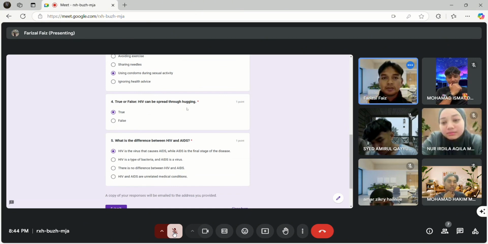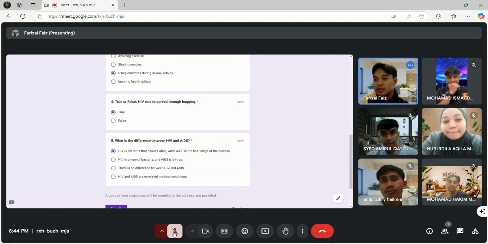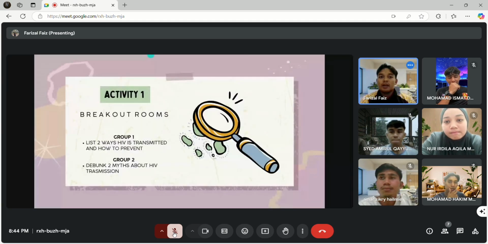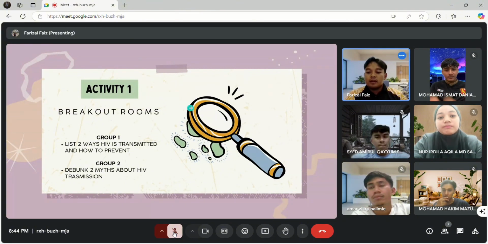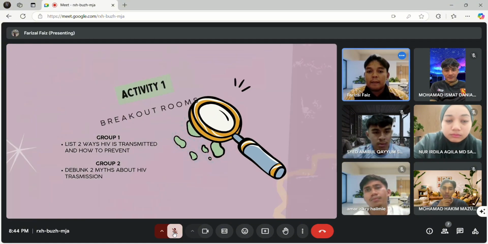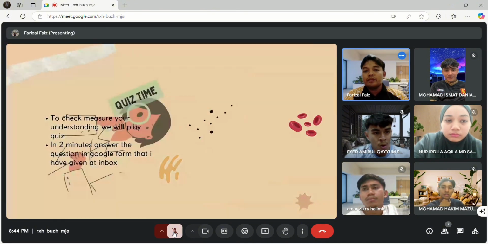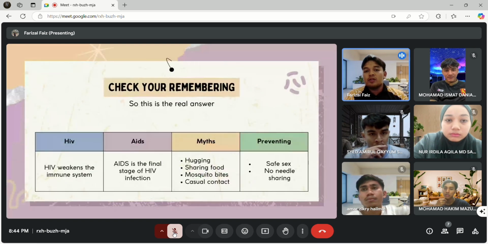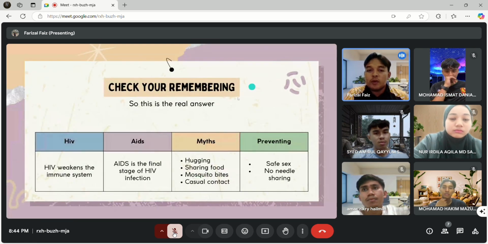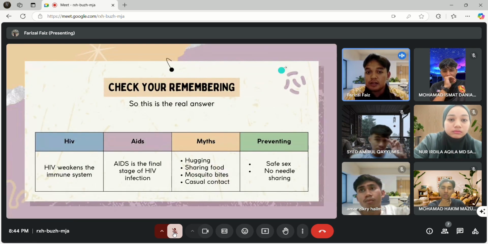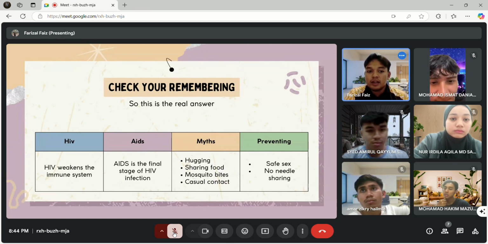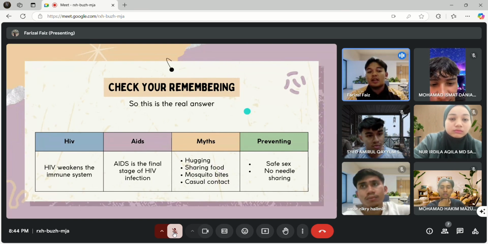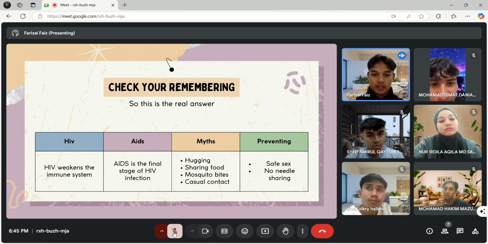Okay, so let's move back to our slides. This time we will check our remembering. This is the real answer. HIV weakens the immune system.